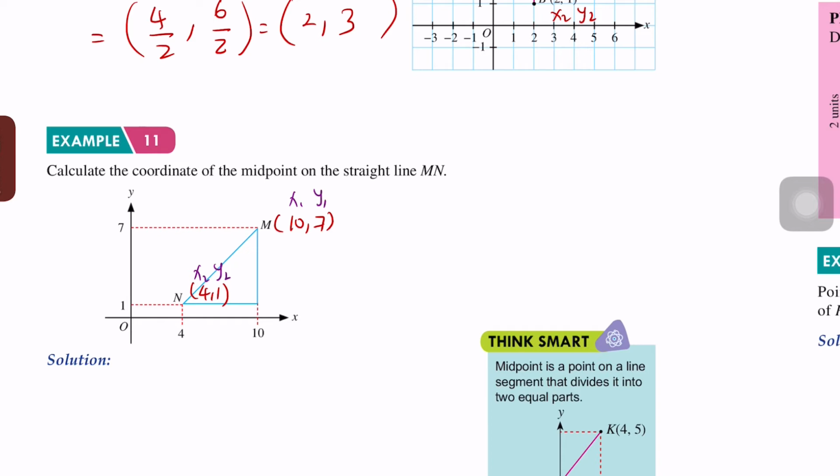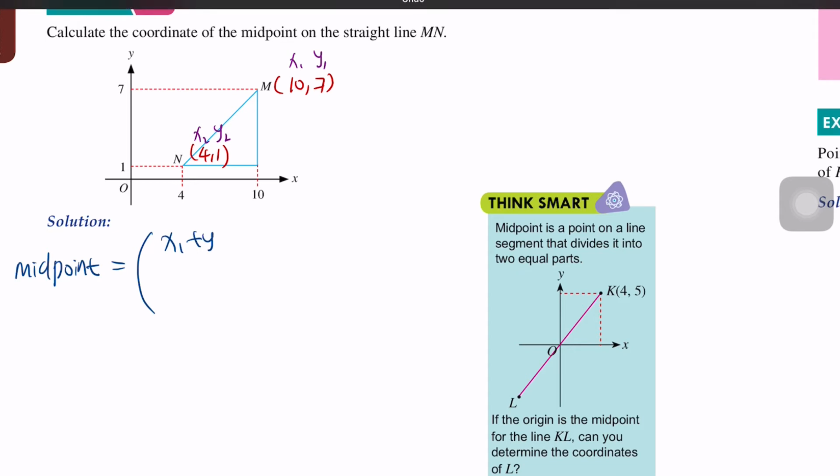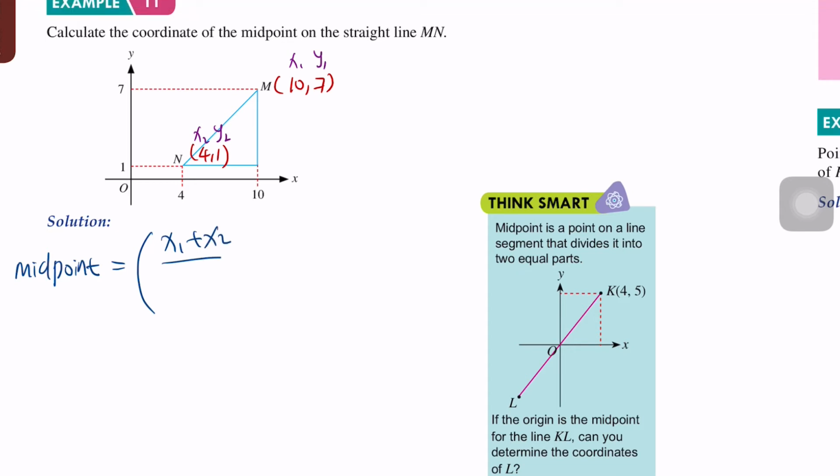So the midpoint, tulislah x1 plus x2 divided by 2, y1 plus y2 divided by 2.